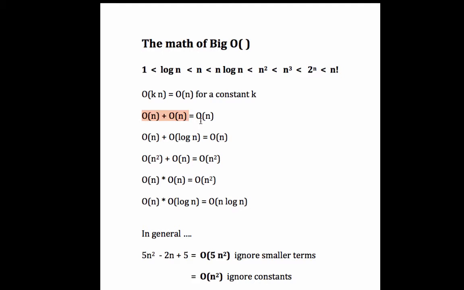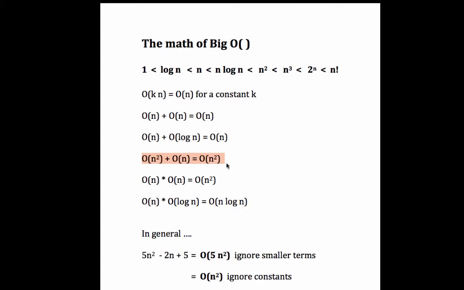Well, it will be O(n). Now, if one piece of the code is O(n) and the following piece of the code is O(log n), what is the whole big O notation for the entire code? Well, that will be O(n). And why is that? Because n takes longer than log n, and again, we're providing an upper bound, so the more dominant factor will be this one.